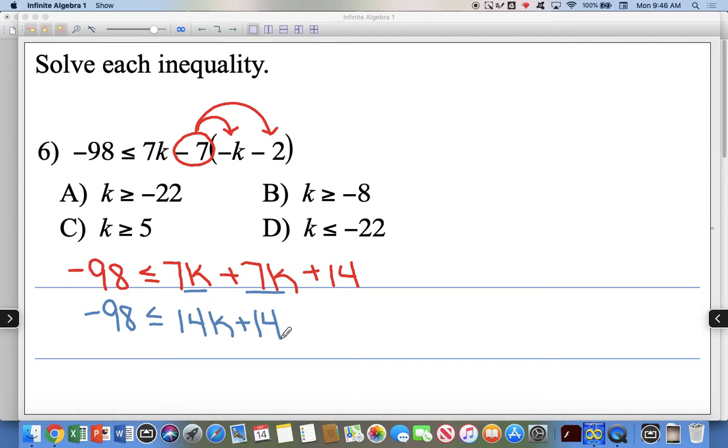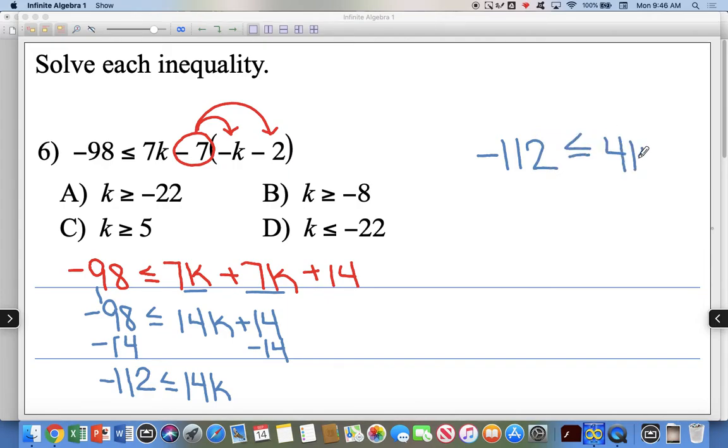Yep. Minus the 14 over to the 98. And that becomes negative 112. Now, I'm going to rewrite this up here. All right, negative 112 is less than or equal to 4k.